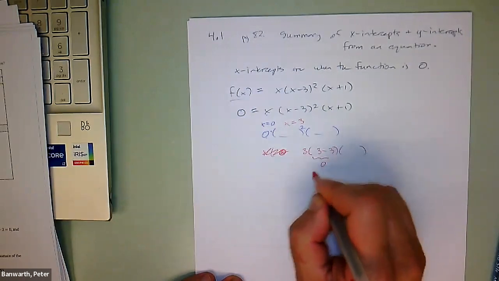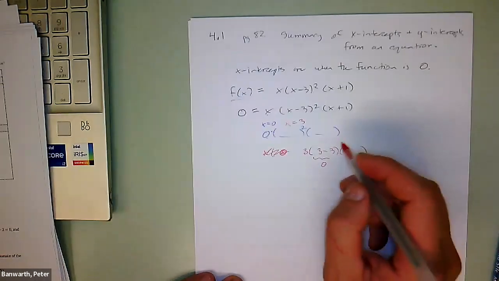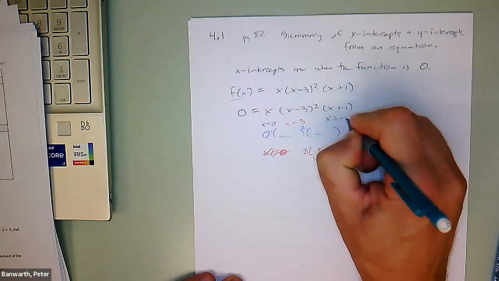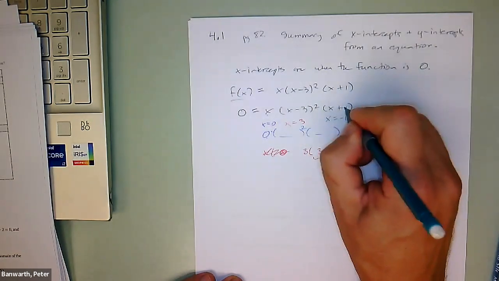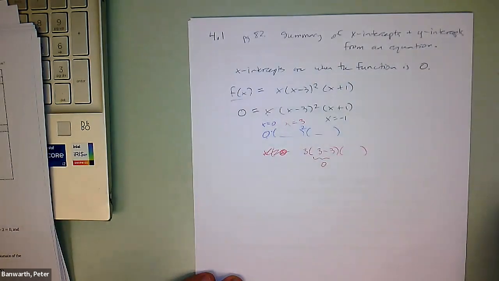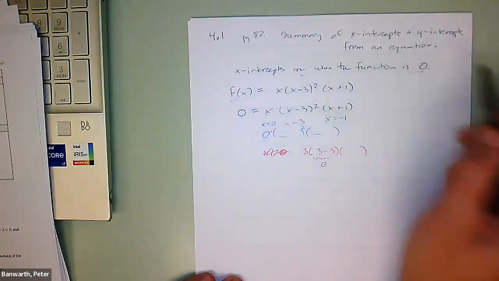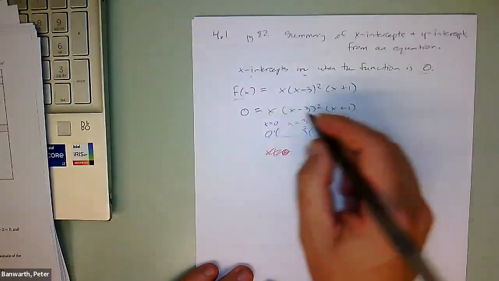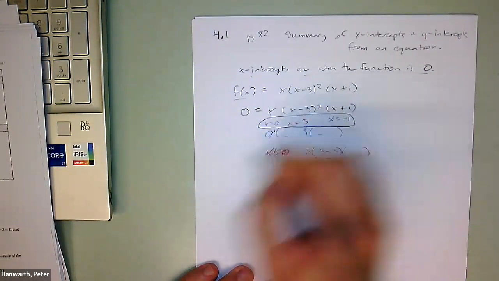So that is 0. The output is 0. And if x is -1, then this term is 0, and you get 0. So the x-intercepts are when the function is 0 and solve for x.